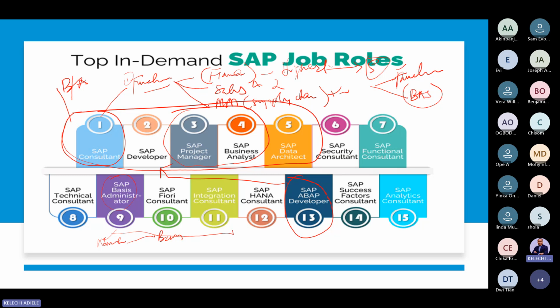Let me just summarize it. Environment management, managing the whole ecosystem, managing the environment of SAP and making sure that you work with the technical consultants to make sure that the system is running as it should be and people have access to what they should have access to.